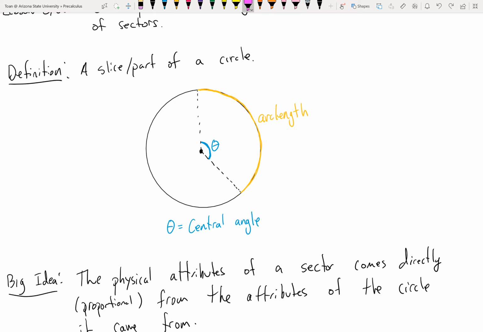Well, I hope it makes sense that if you take a quarter of a circle, you've taken a quarter of the area and a quarter of the circumference. If my sector is half of the circle, I've taken half of the area, half of the circumference. If I took a third of a circle, the area is a third of the whole area. The arc length is a third of the whole circumference.